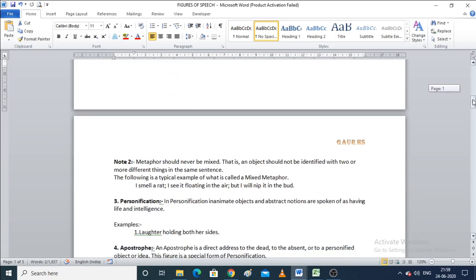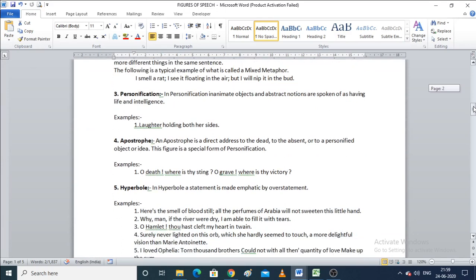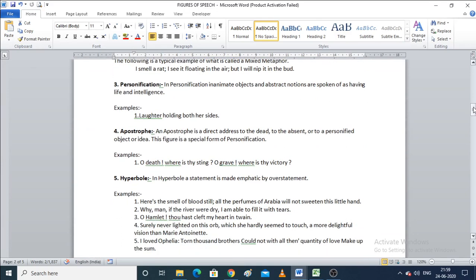I hope these two are clear to you all. Now personification. Personification is basically when there is a non-living thing and we depict it as if it has life and intelligence, right?